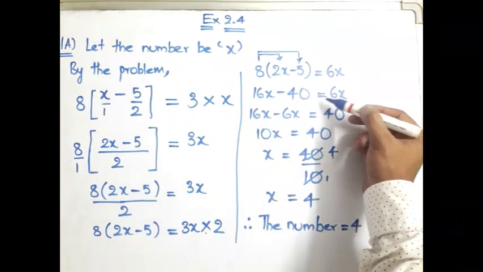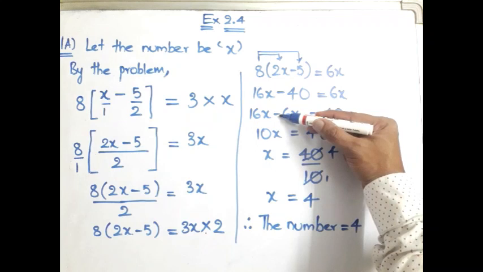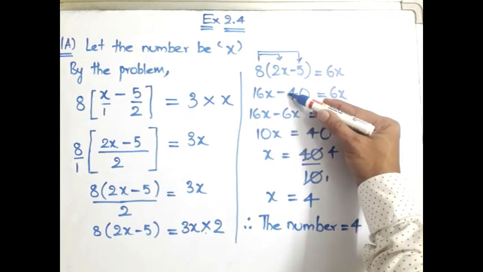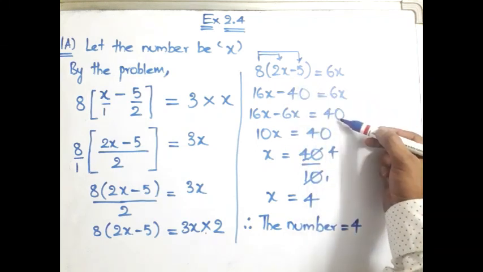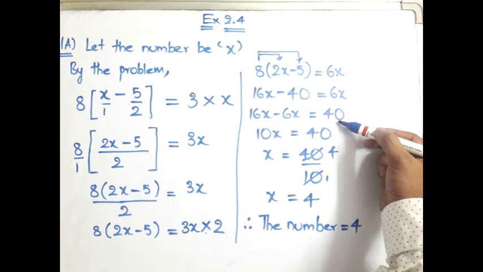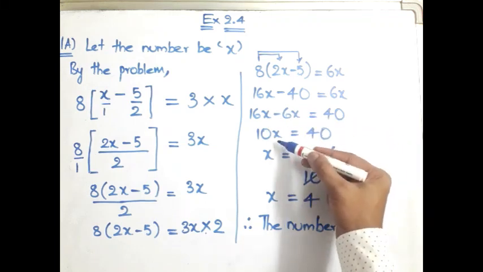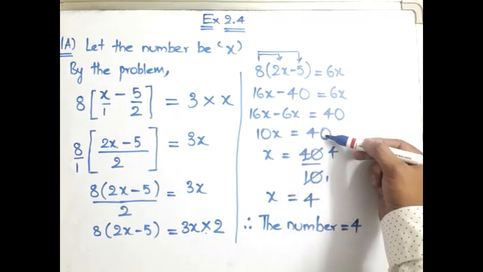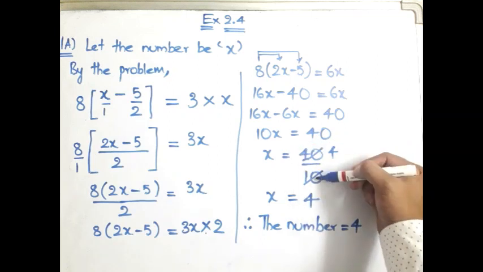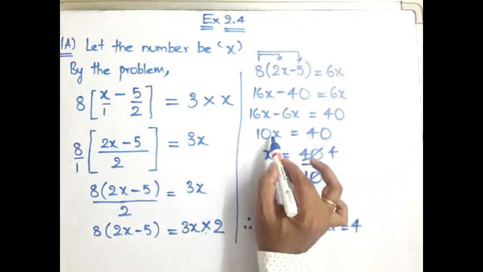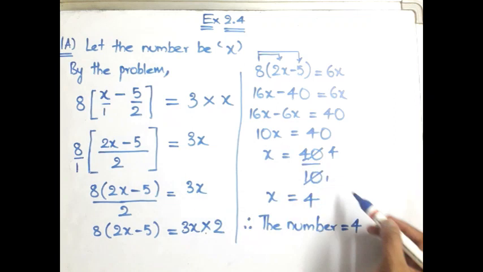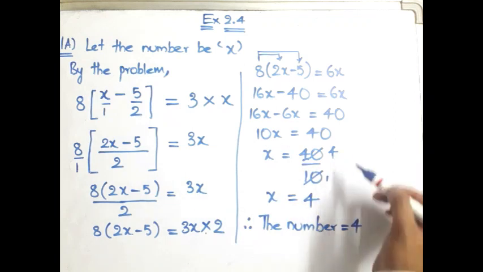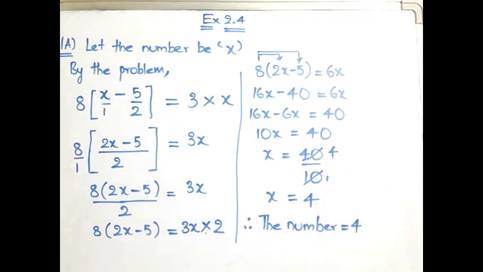Plus 6x, I transpose to this side, so this became minus 6x. Minus 40, if we transpose to the other side, it becomes plus 40. So 16x minus 6x is 10x, and 40. x is equal to 40 divided by 10, because as you know, 10x means 10 into x. So 40 divided by 10, 4. The number is going to be 4.